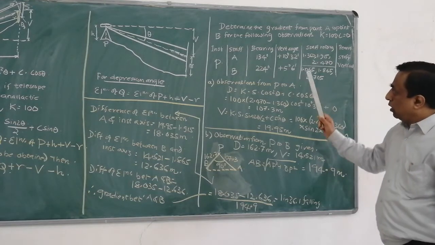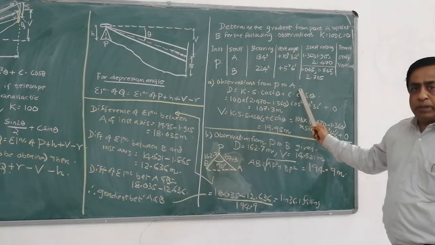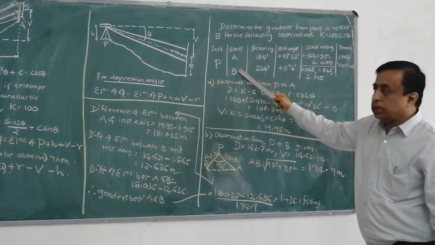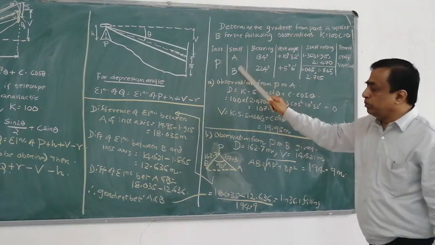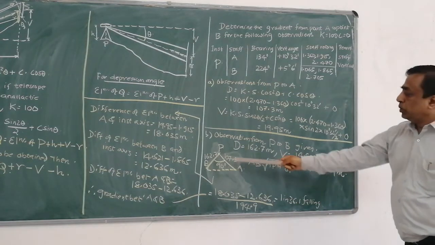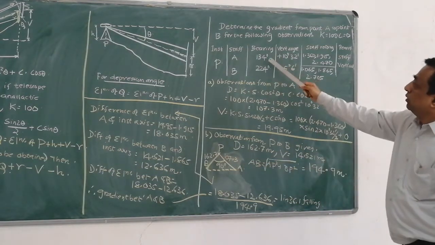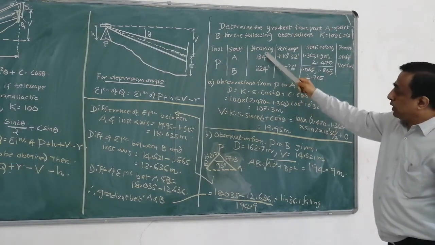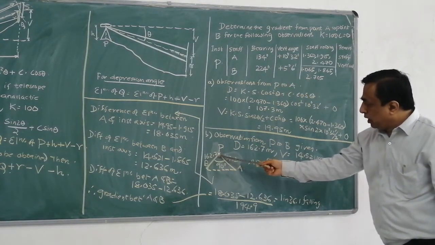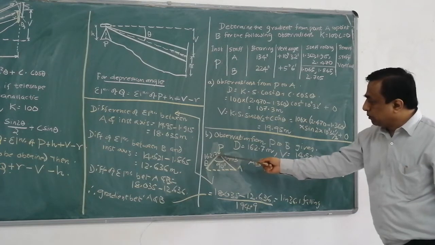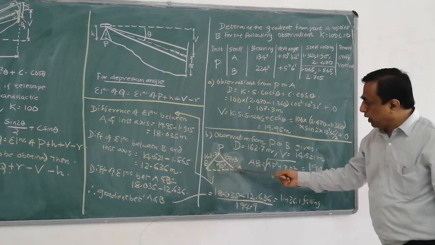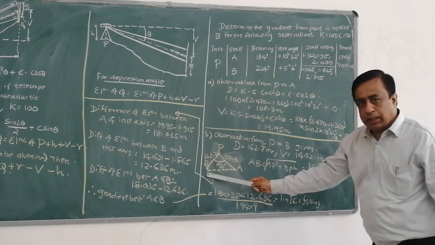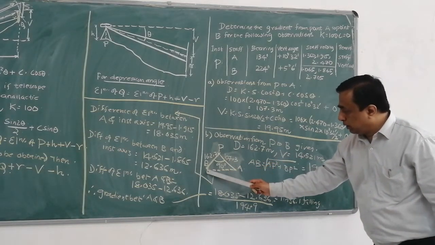After you compute D and V for both observations, from P to A as well as from P to B, you draw the figure, because the bearing is given. The bearing is roughly 134 degrees from P to A. Next, 224 degrees comes somewhere here from P to B.